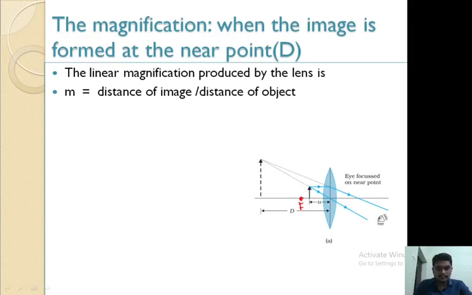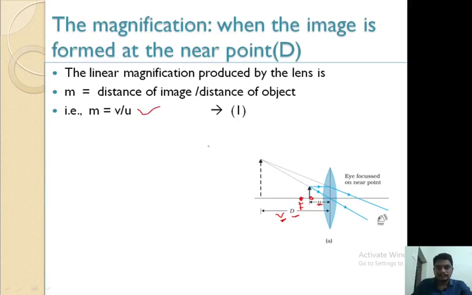That is why the focus must be on the left side of this object. Here the object distance is u and the image distance is v, and our intention is to get the image at this distance, but the actual image distance is represented by the letter v. So magnification can be written as m equals v by u.